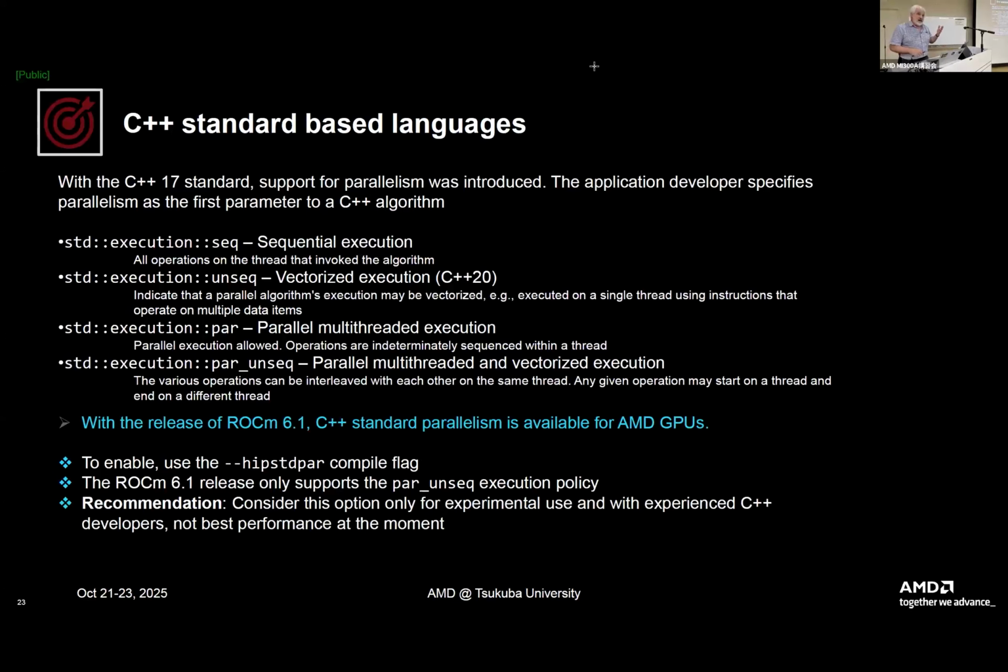So with C++ standard-based languages, we can add a policy to an algorithm, and it will change whether it runs in serial on the CPU, or if we use par_unseq, it will run parallel on the GPU just by changing the policy.